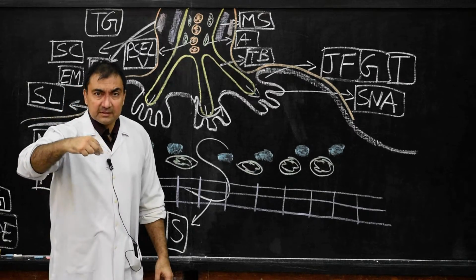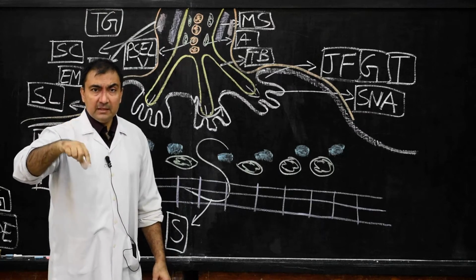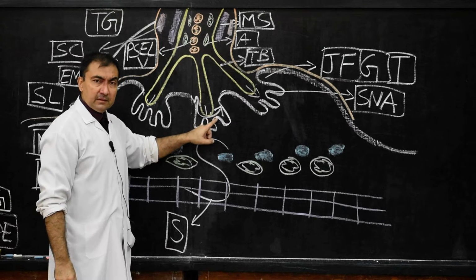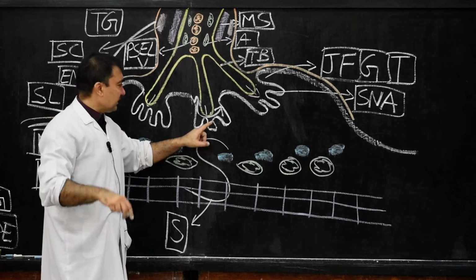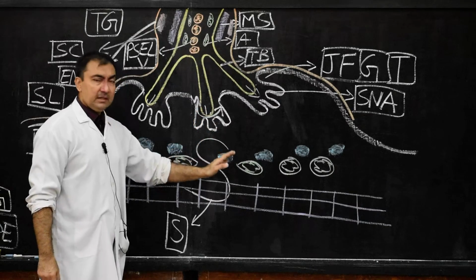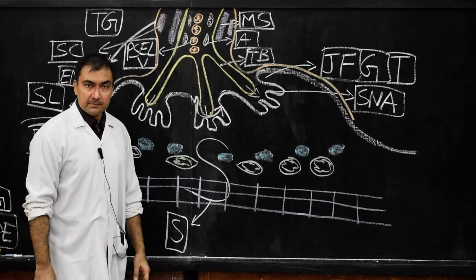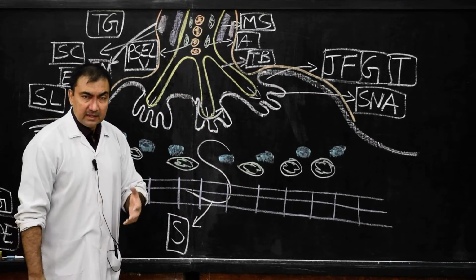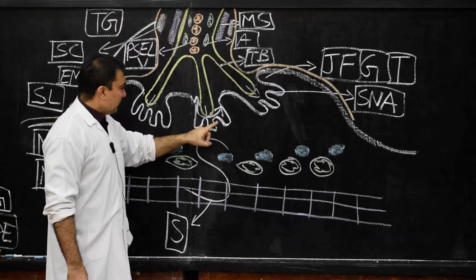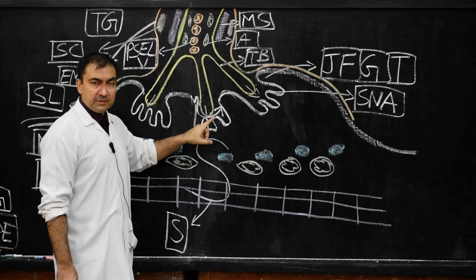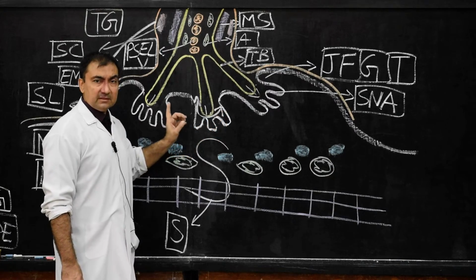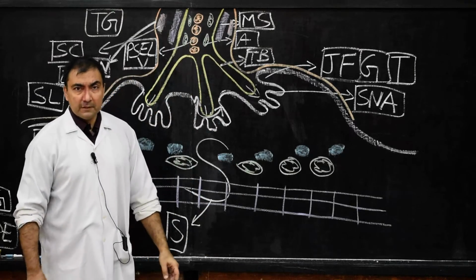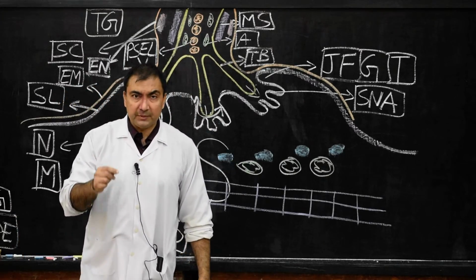As it passes through this gap, the acetylcholine will bind with the receptors present on the sarcolemma, and once they bind, depolarization will set in. This is how the functioning of this neuromuscular junction will take place. After that, the acetylcholine will be destroyed by choline esterase, which is present here beneath the sarcolemma. So this is the complete anatomy of the neuromuscular junction, one of the important topics of general anatomy.